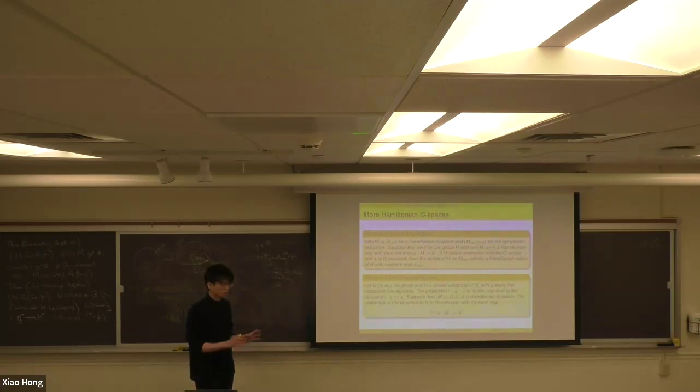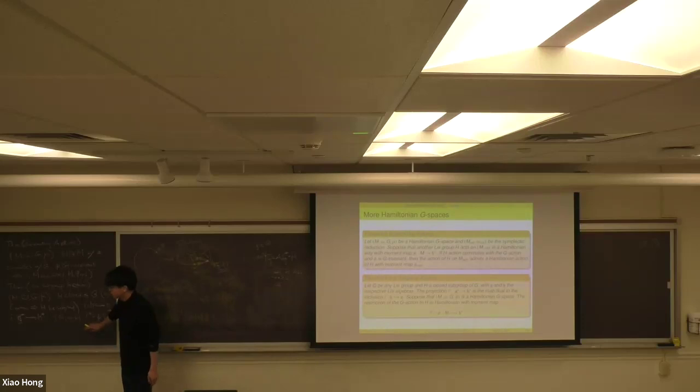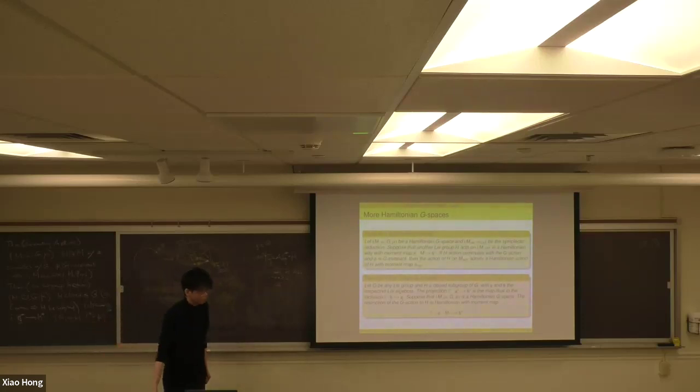That's due to some Lie group theory, including the Cartan theorem, the correspondence between the Lie subgroups and Lie subalgebras, etc. And these are two theorems giving more Hamiltonian G spaces. Well, I already wrote them down here because I will use them later.